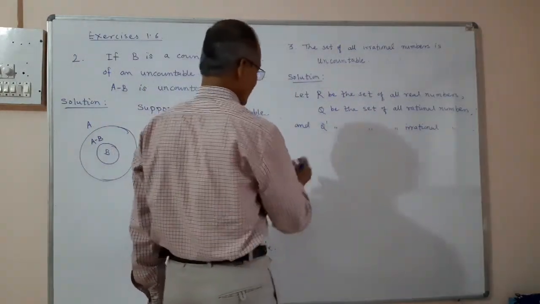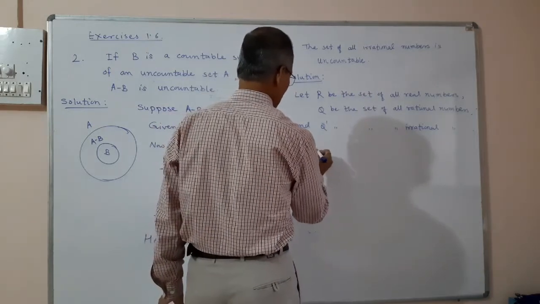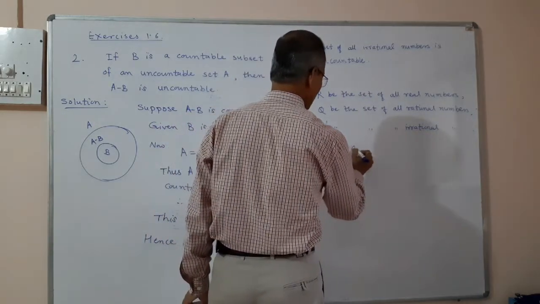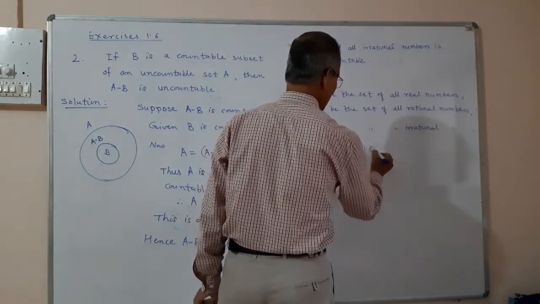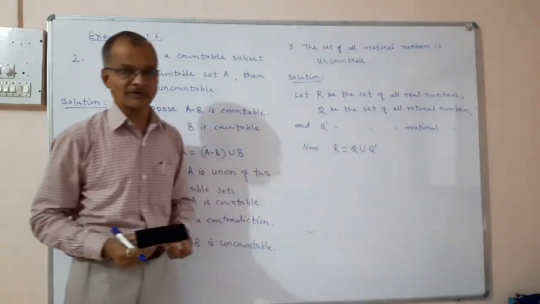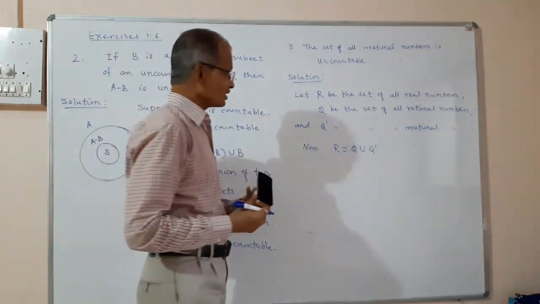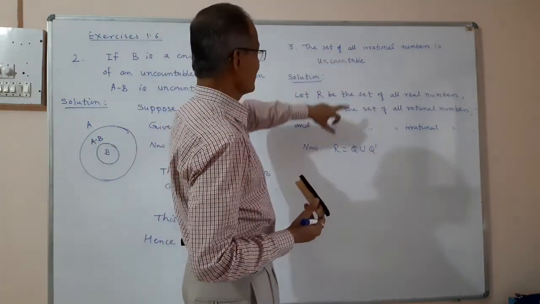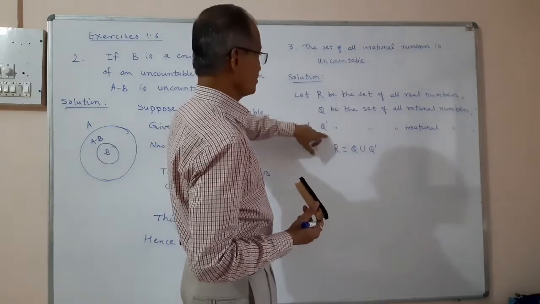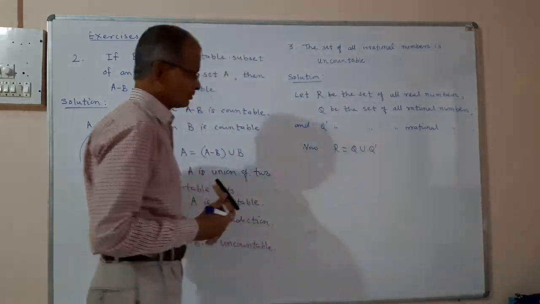And now R is equal to rationals union irrationals, which gives the set of real numbers. What we have to prove is that the set of irrational numbers, Q dash, is uncountable.